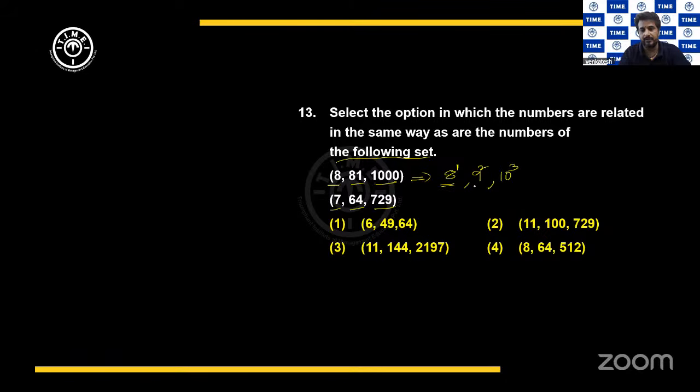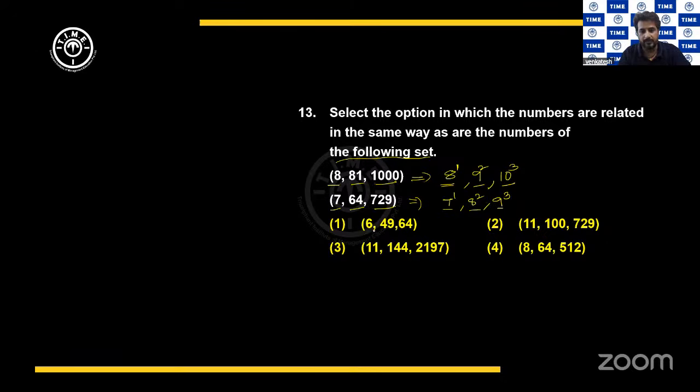So 8 power 1, 9 power 2, 10 power 3. Now coming to this, 7 power 1, 8 square 64, 9 cube 729. So these are the consecutive numbers and the powers are also consecutive.